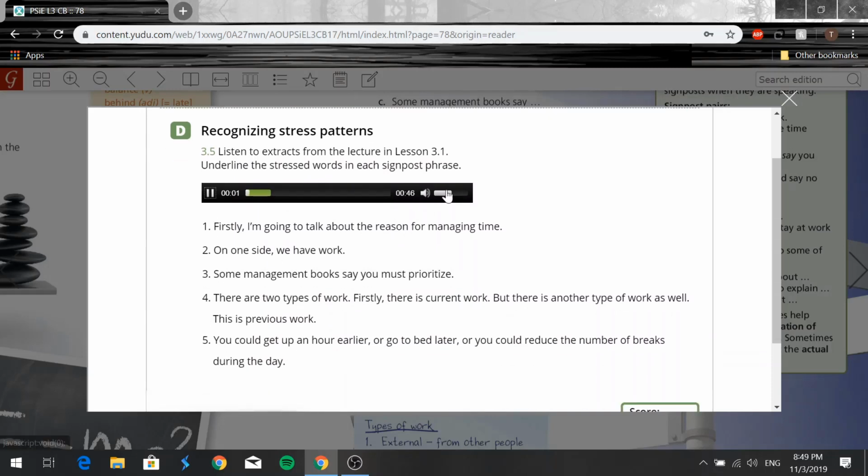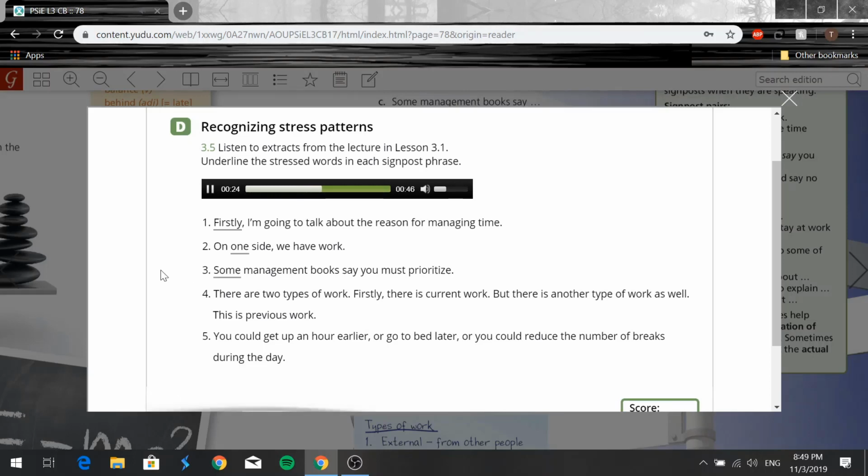Track 3.5. 1. Firstly, I'm going to talk about the reason for managing time. 2. On one side, we have work. 3. Some management books say you must prioritize. 4.